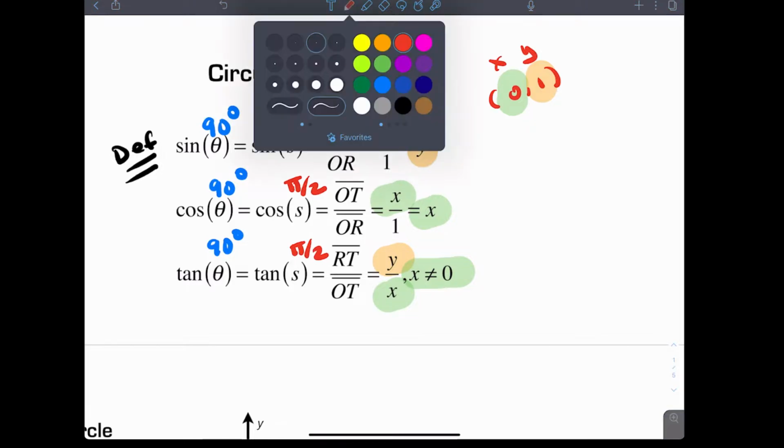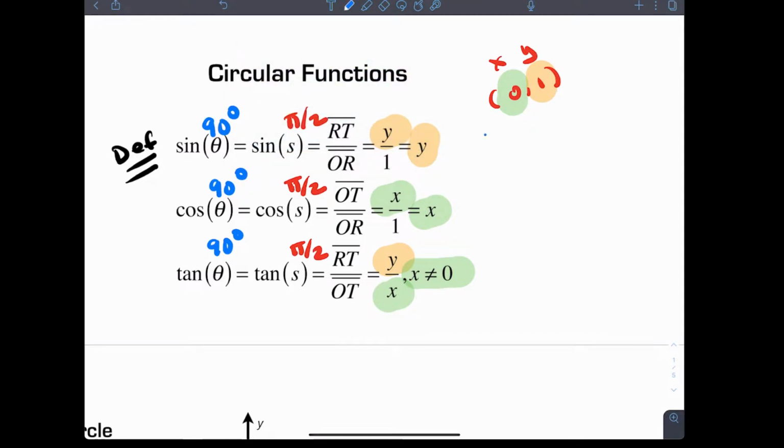So what's the y coordinate? 1. You know, sine 90 degrees is 1. Pretty deep. What's cosine 90 degrees? 0. What's tangent 90 degrees? 1 over 0.